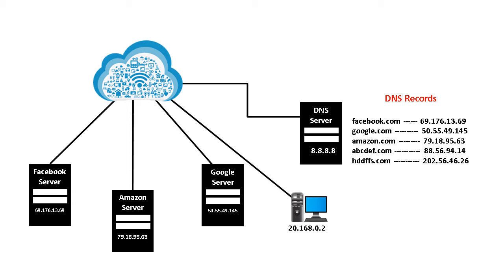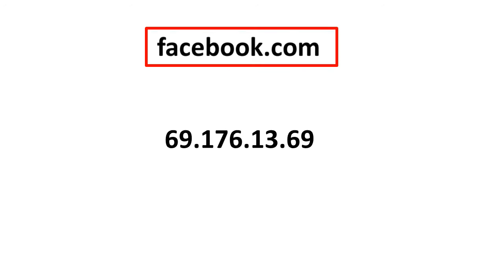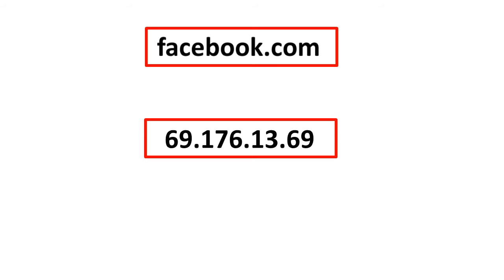It is easy to remember a short name such as facebook.com instead of remembering 69.176.13.69. So the Domain Name System is a process of mapping a unique short name to a unique IP address for a particular device in a network.